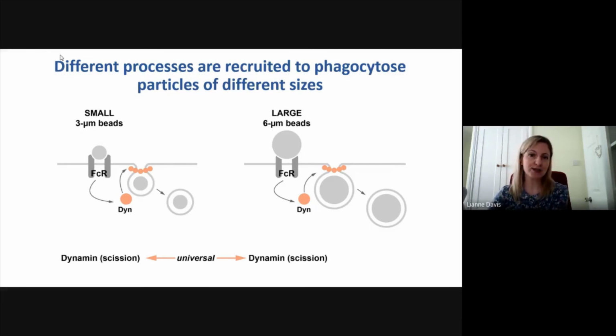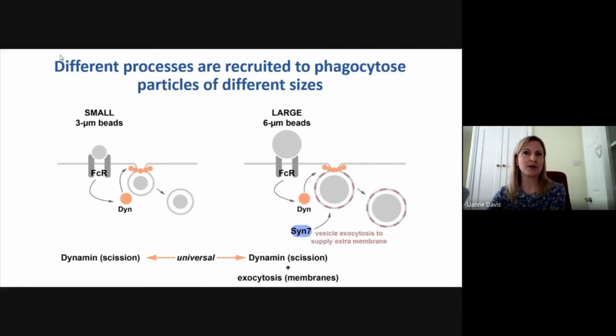In contrast, to completely envelop large particles, additional membrane is required, and this is provided by the exocytosis and fusion of lysosomes with the plasma membrane. Note that the doubling in bead diameter equates to an 8-fold increase in volume. So in short, small particles require dynamin activation, whereas big particles require dynamin plus extra membrane via exocytosis.